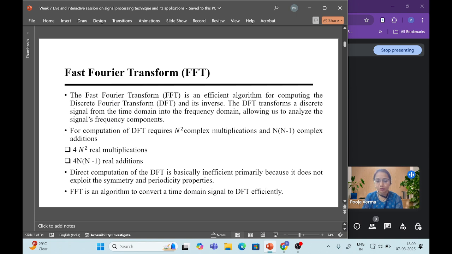The fast Fourier transform is an algorithm that is used for computing the discrete Fourier transform (DFT) and its inverse.